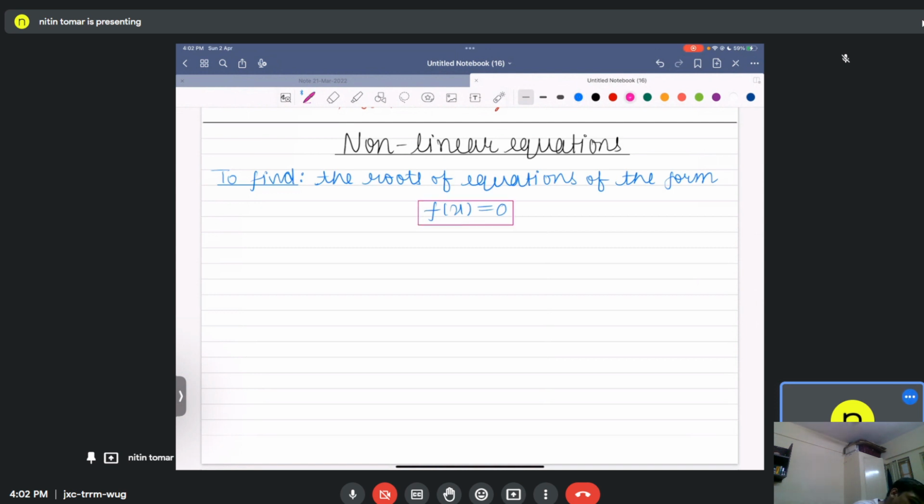This f is just some function given on a closed interval [a, b], a given non-linear function.